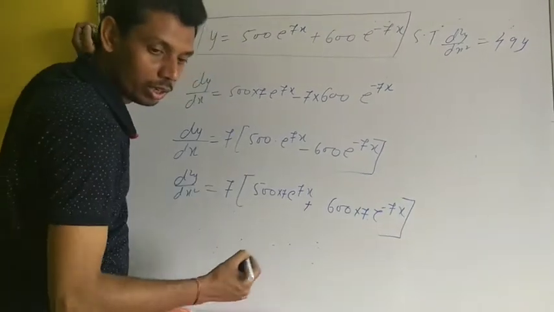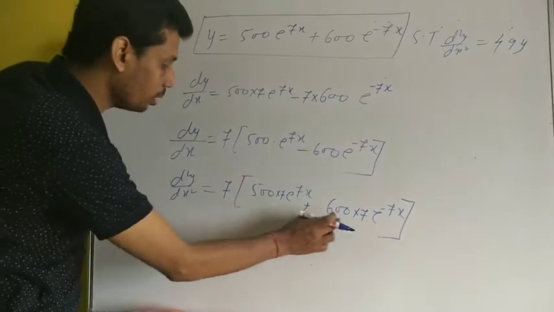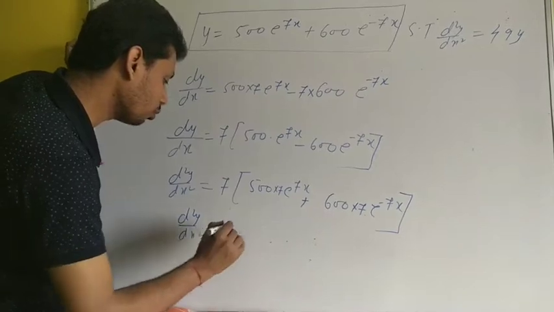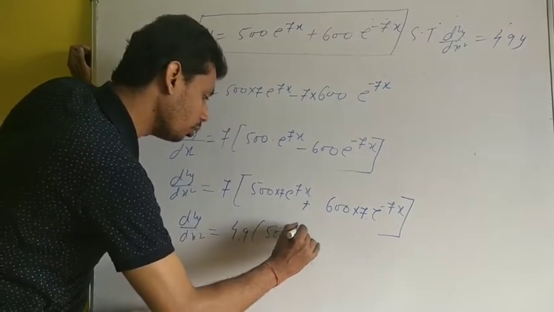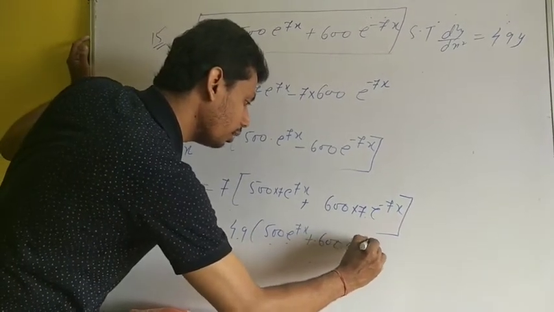Now again we can take this 7 common. If we take 7 common, d square y by dx square, 7 into 7 is 49, and we are left with 500 e to the power 7x plus 600 e to the power minus 7x.